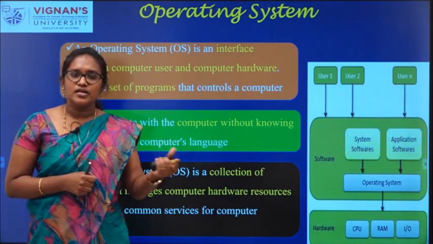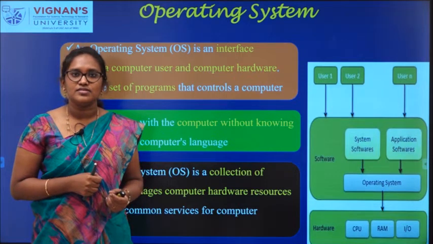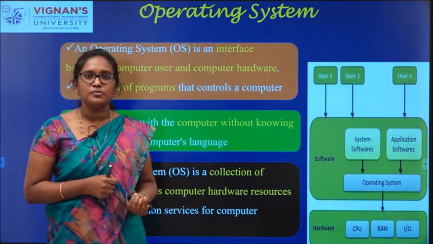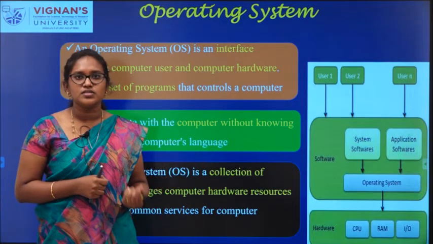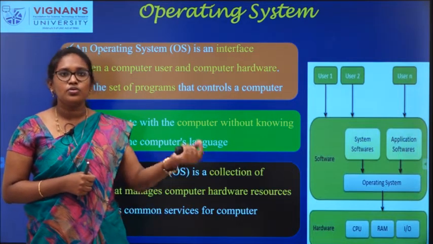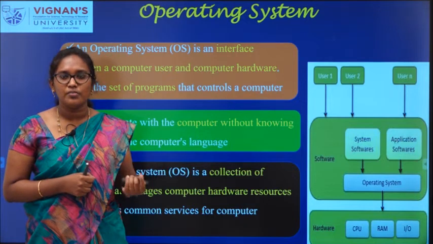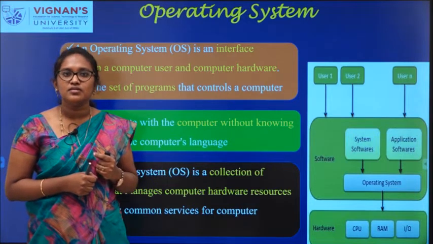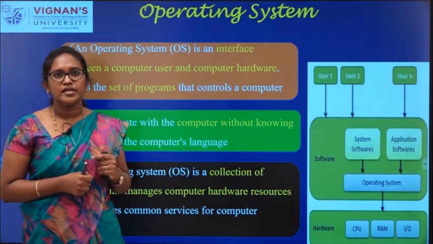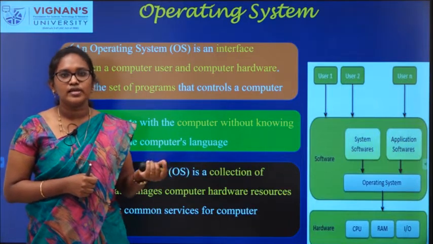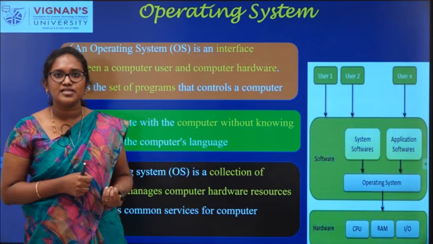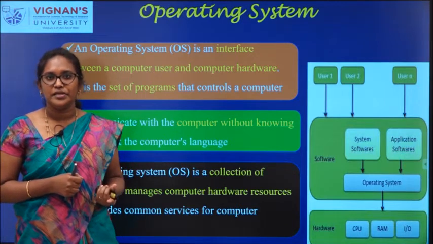In the real world, if you consider two people, one knows Hindi and the other knows English. The person who knows Hindi wants to communicate something to the person who knows English, but the Hindi speaker doesn't know English and the English speaker doesn't know Hindi, right?